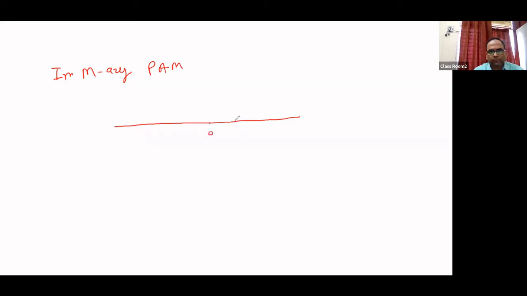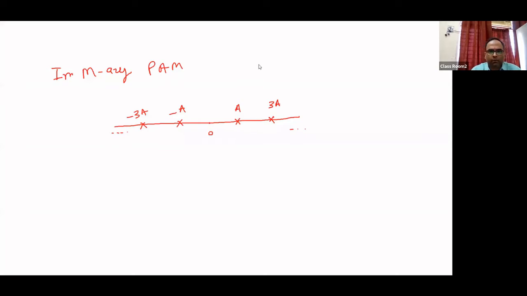This is 0, then these are our amplitudes. For example, this is A, then it can be 3A. This is minus A, then it can be minus 3A, and so on. And the gap between two nearby constellation points will be 2A. So the gap from minus A to A will be 2A, and from A to 3A will be 2A.